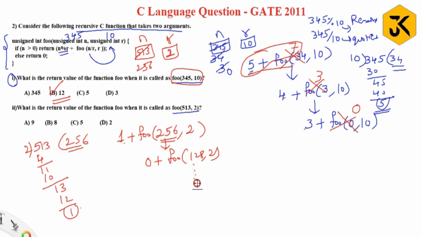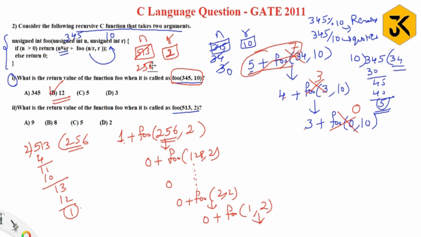If you go on with this process, you will get 0 only. And finally, you will get 0 plus foo of 2 comma 2. Now also here 2 modulus 2 will get 0 plus foo of 2 by 2. 2 by 2 is what? 1 comma 2. This step is important once again.